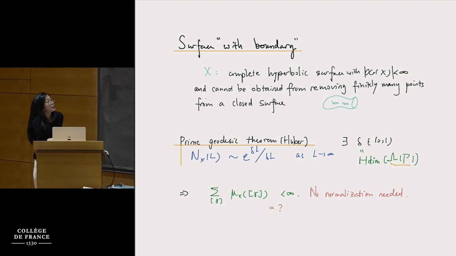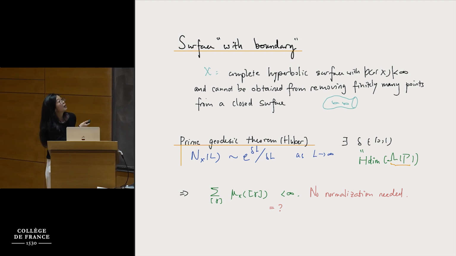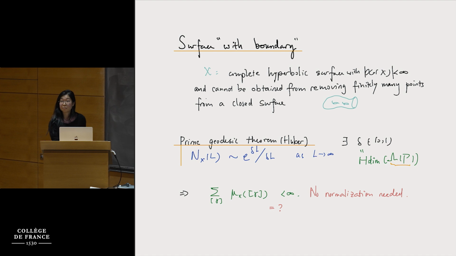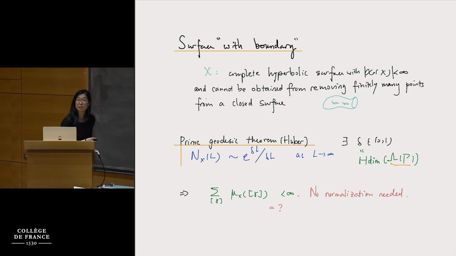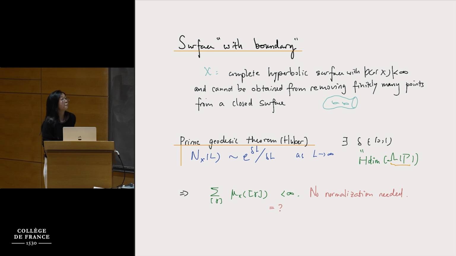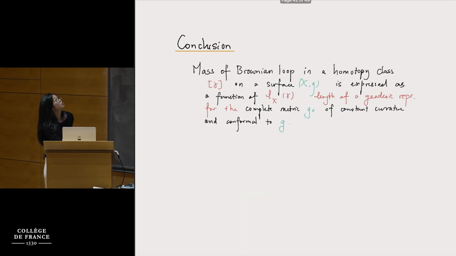So it's a number strictly less than 1. And you already get that the sum of the Brownian loop measure of the homotopically non-trivial loops is finite. There's no normalization needed, but we don't know what this number should be. It should satisfy some nice equations, and can be viewed as a nice function on the moduli space, but we don't know.